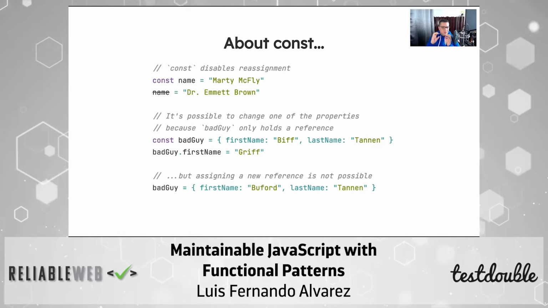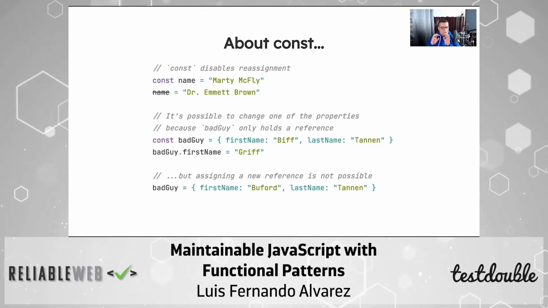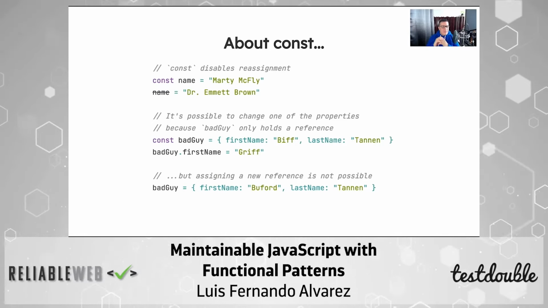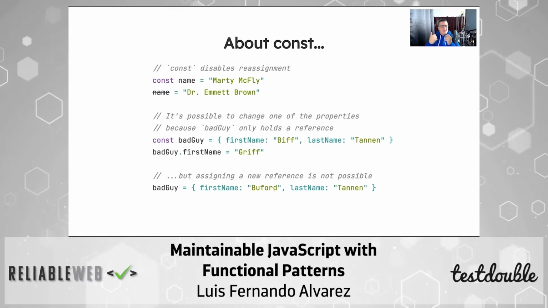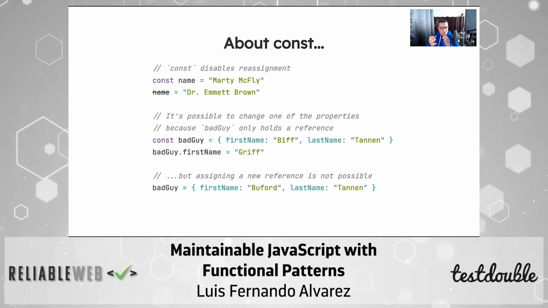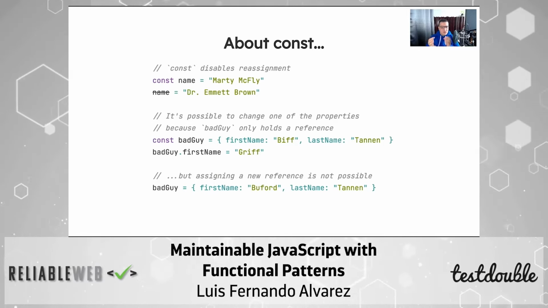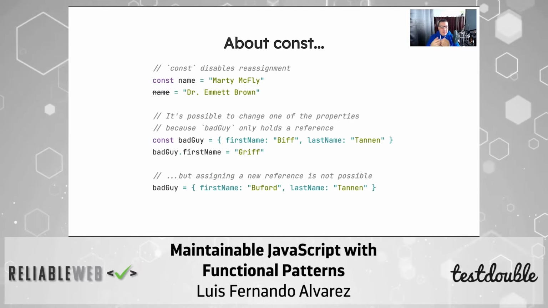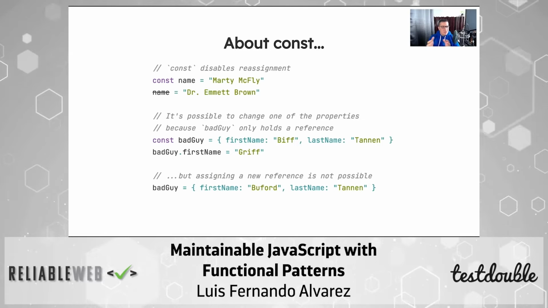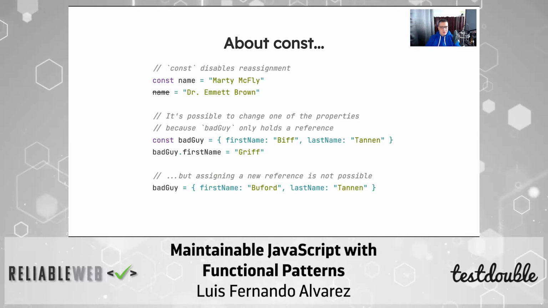So the actual value in bad guy is the reference to the object that holds Biff and Tannen, right? But if I want to assign a new object reference to that variable, I can't do that, just because I would be changing the pointer to another object.